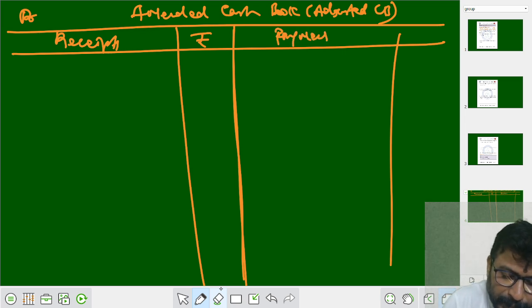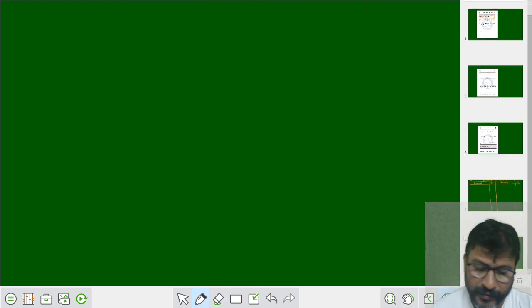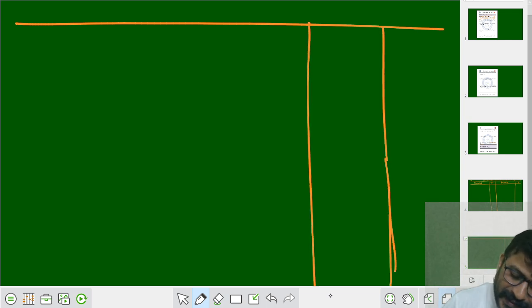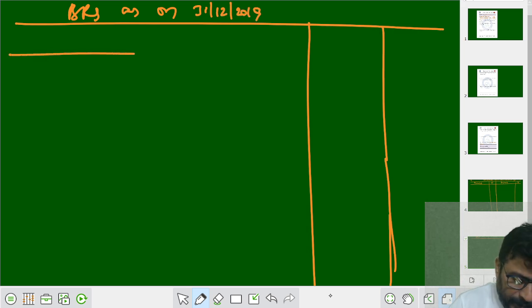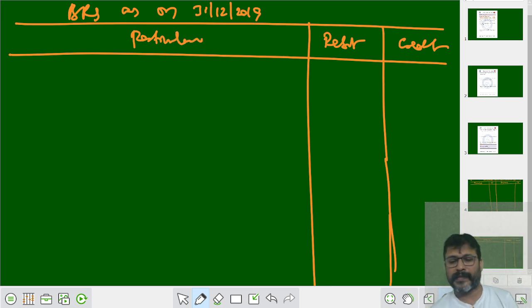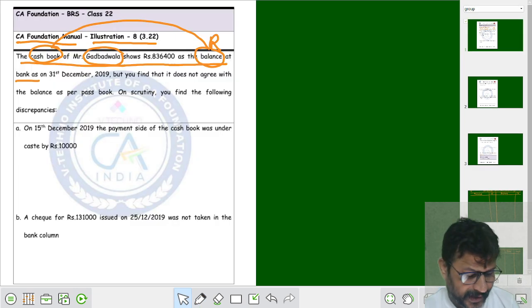On the credit side, payments with amounts. After that, we have to prepare the bank reconciliation statement as on 31st December 2019. We need to have debit, credit, particulars. Fine. Shall we start our real solution, my dear kids?